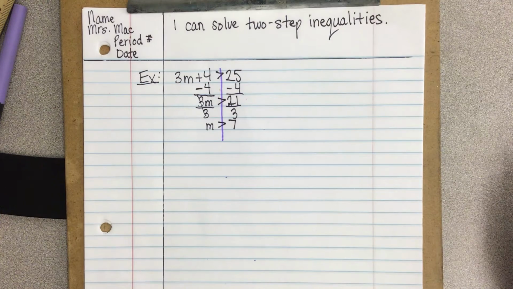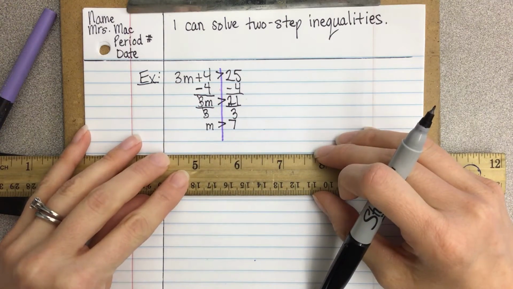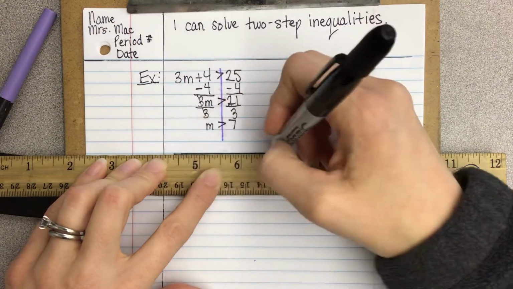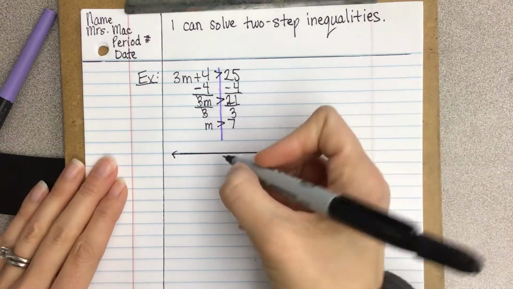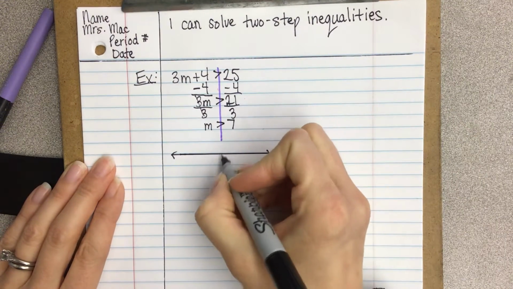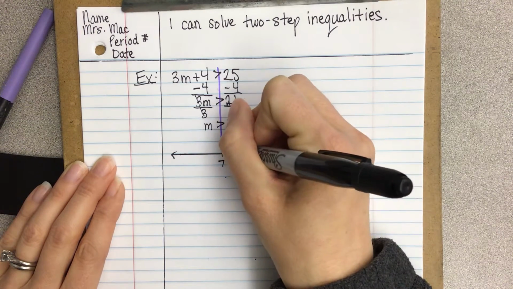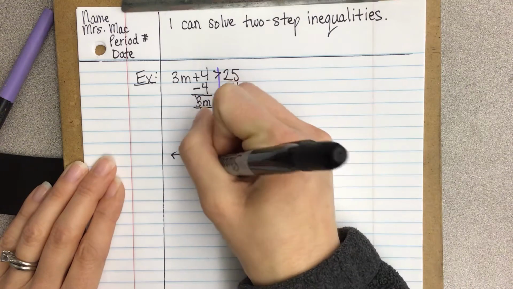Now with inequalities, I do ask that you graph it and check your answer. So let's go ahead and graph this inequality. Okay. Now, I've said it a lot of times before, but you don't need every number on here, just a couple on each side so that it has a context.